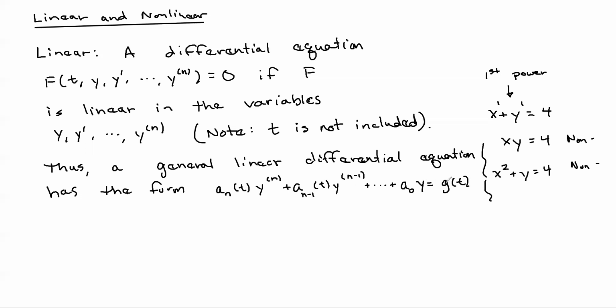Here's the general format, and you can see we have y of n. It's to the first power. This is the nth derivative. Don't get confused and think this is an exponent. It's the nth derivative, to the first power, then the n minus first derivative to the first power, through y itself to the first power, and then the excluded thing could still be a function, g of t. So g of t does not have to be to the first power. This could be sine of t or cosine of t or t squared, and this would still be a linear differential equation. Again, y through yn have to be to the first power, and they cannot be multiplied together. That is what is required to be a linear differential equation.